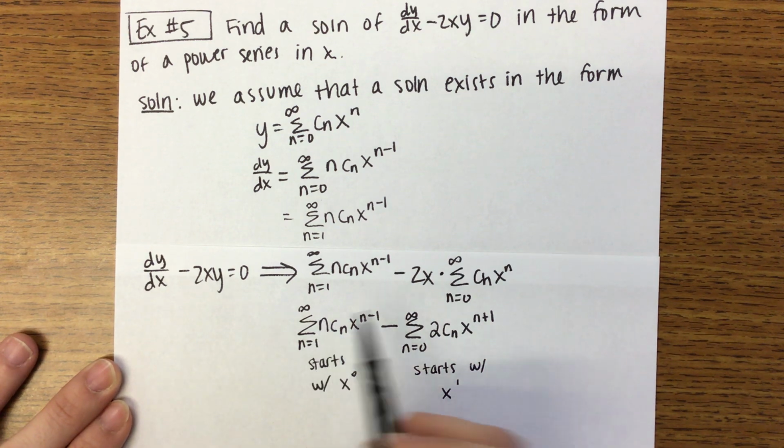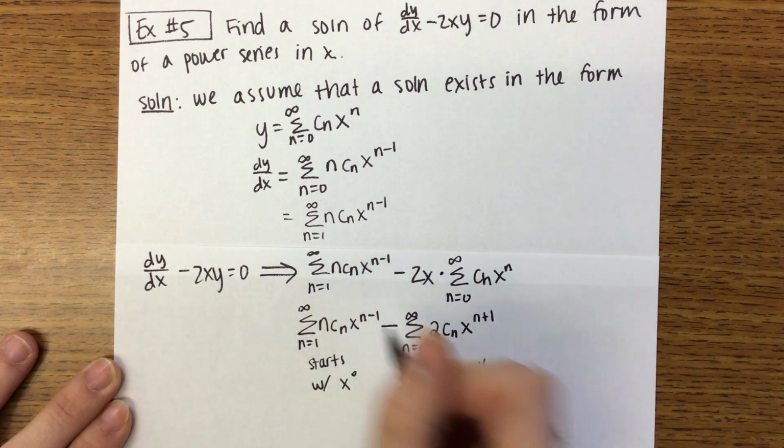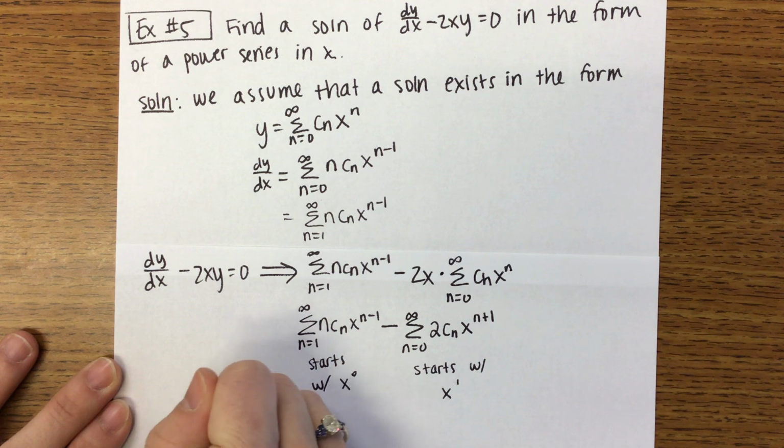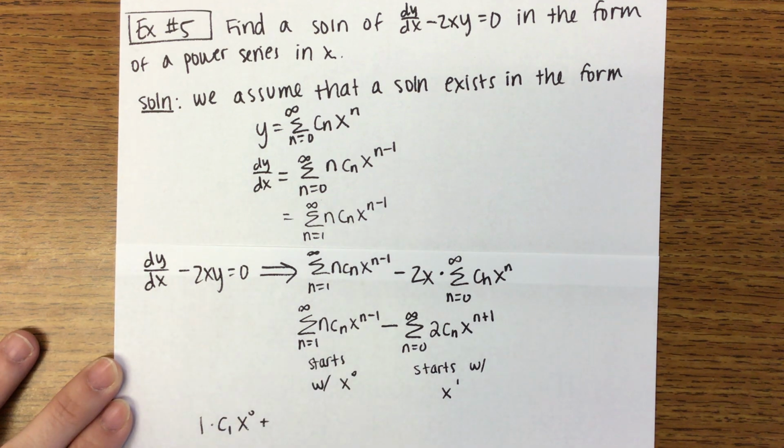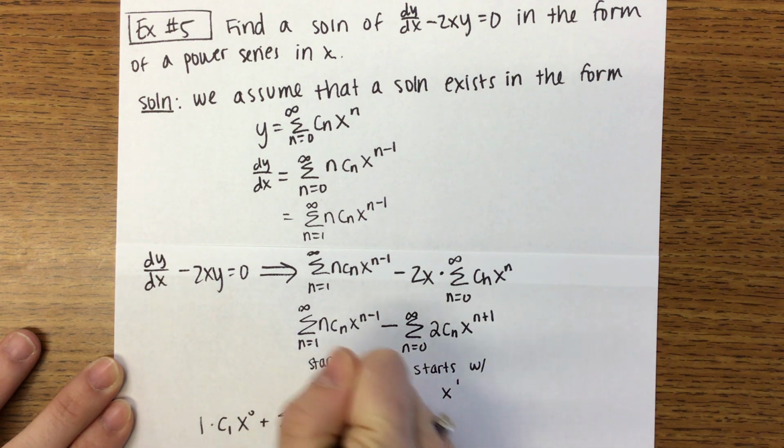So if I plug in 1 to this first summation, I get 1 times c_1, x to the 0. Now the summation starts at 2, because I took the first term out.